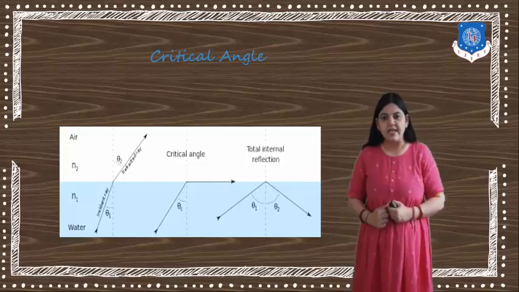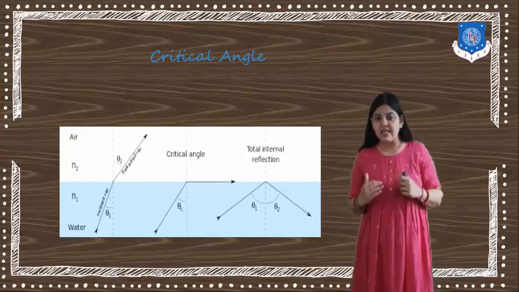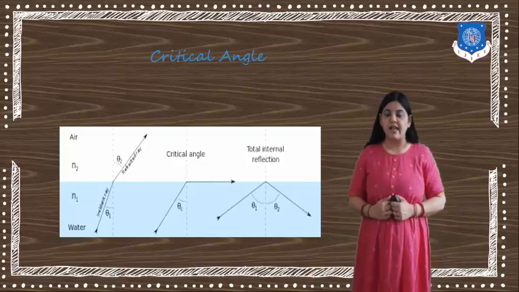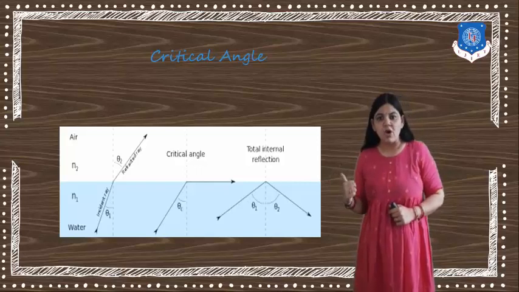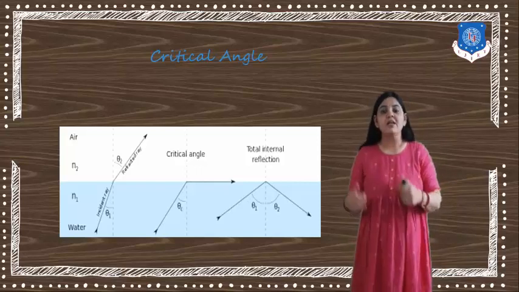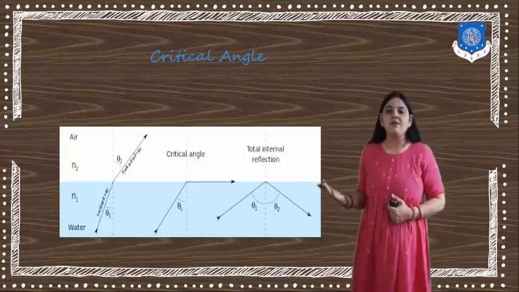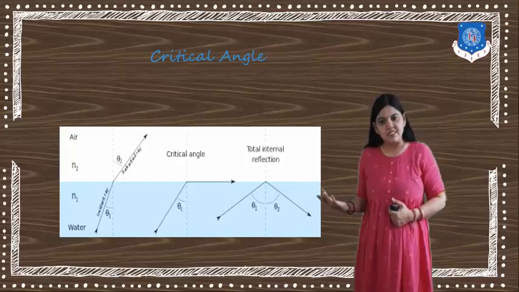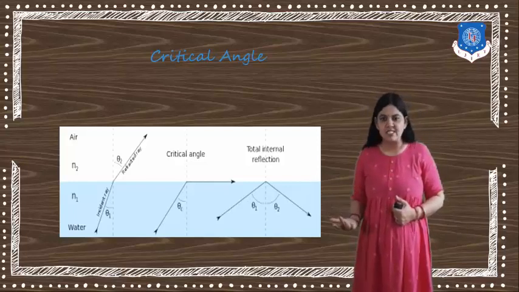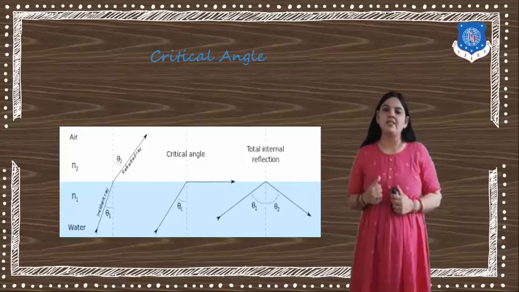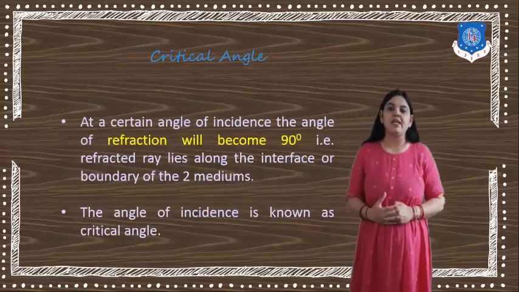In the second diagram, we can see the incident angle at which the refraction angle is around 90 degrees. This is known as the critical angle. Beyond that, theta 1 and theta 2 are both in the same medium and total internal reflection occurs. So that is about the critical angle.